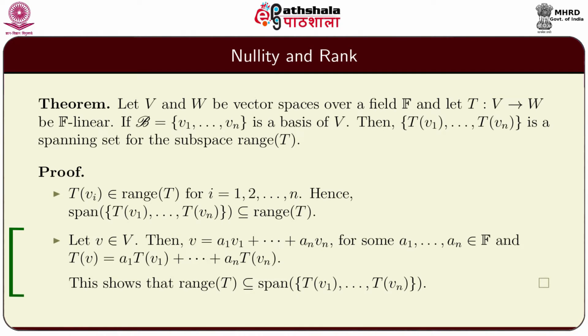This is because of the linearity of the map T. The expression on the right hand side of the equality is a linear combination of the vectors T V1 and so on up to T Vn, which belongs to the span of the set {T V1, ..., T Vn}. Therefore, the range of T is contained in the span of T V1 and so on up to T Vn.